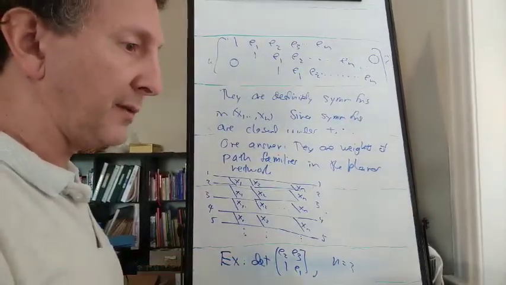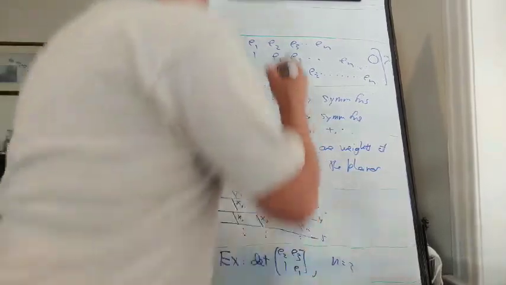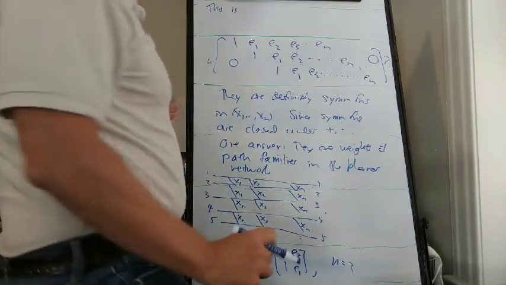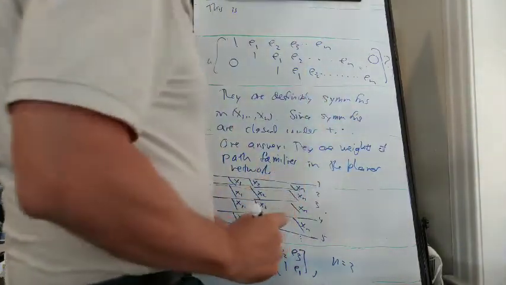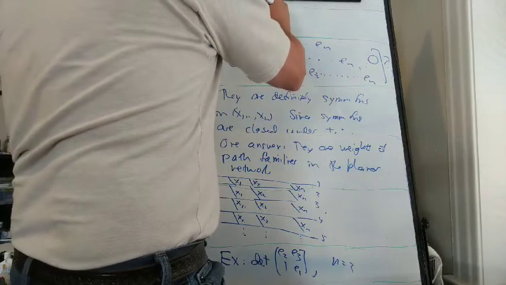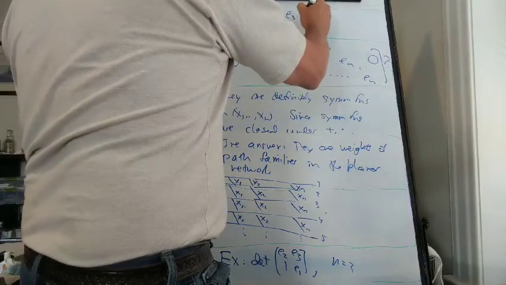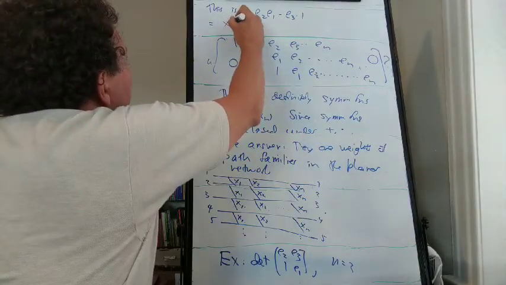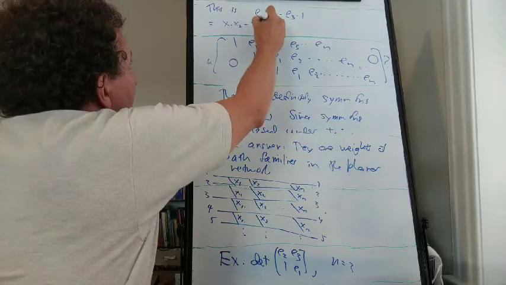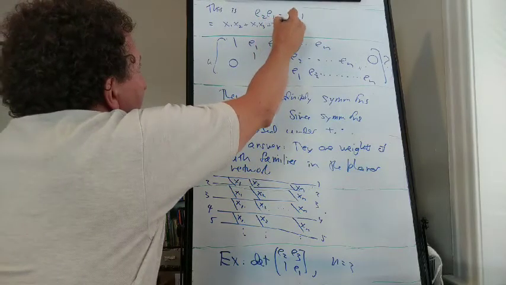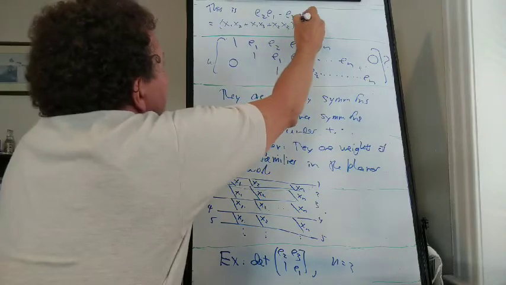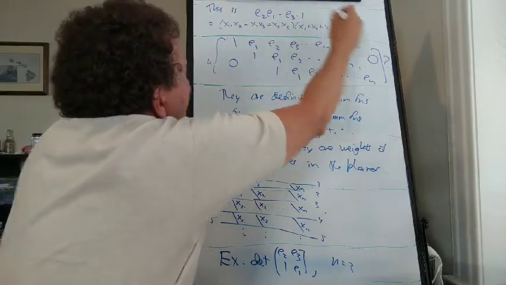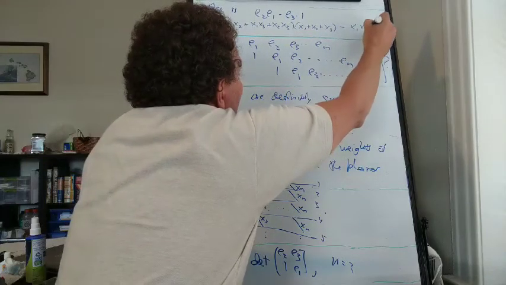So this determinant is E2 E1 minus E3 times 1, where E2 is x1 x2 plus x1 x3 plus x2 x3, E1 is x1 plus x2 plus x3, and then E3 is x1 x2 x3.